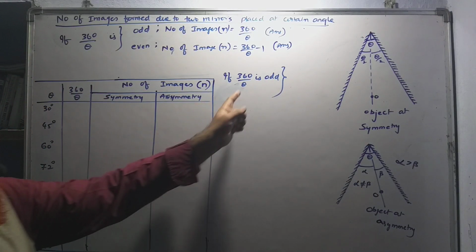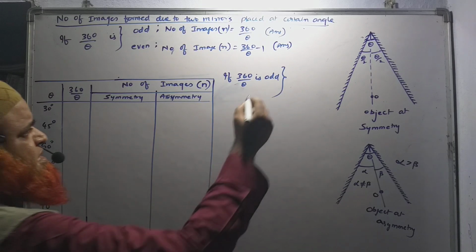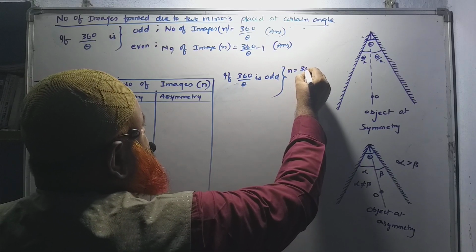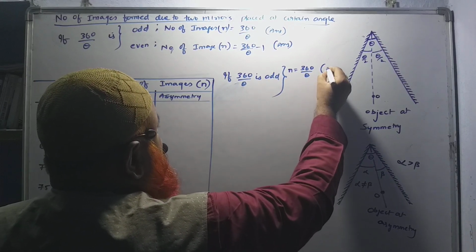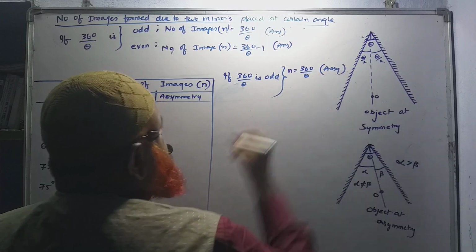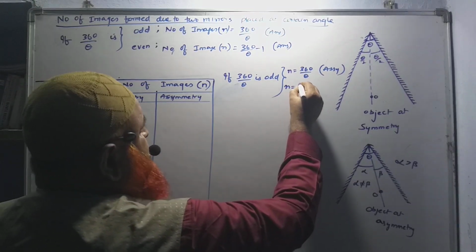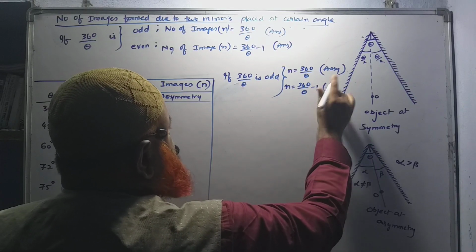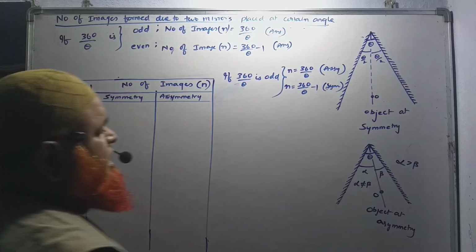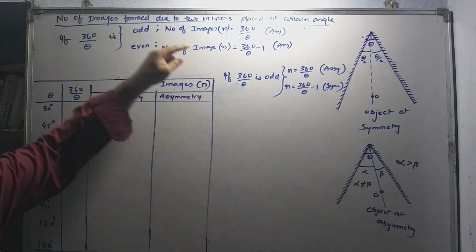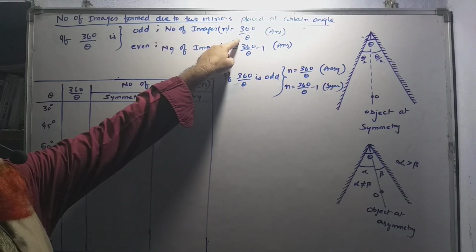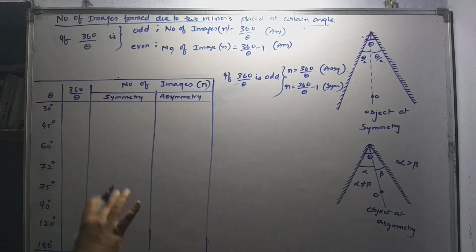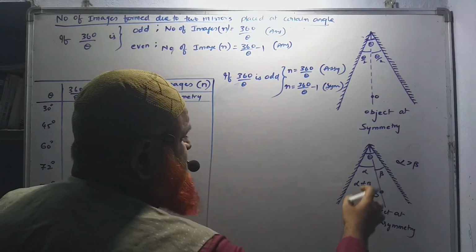If 360 by theta is odd, then n equals 360 by theta for the case of asymmetry, and n is 360 by theta minus 1 for symmetry. So these are the subconditions here. The main condition is that if it is odd, this is the answer; if it is even, this is the answer. But there are again conditions like symmetry as well as asymmetry.